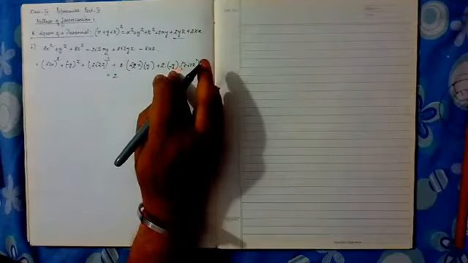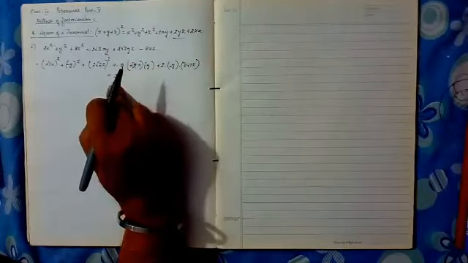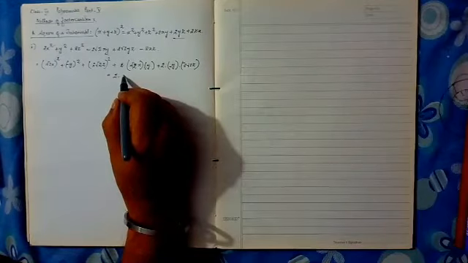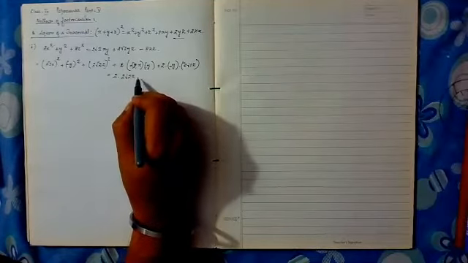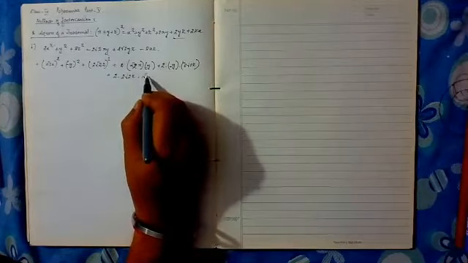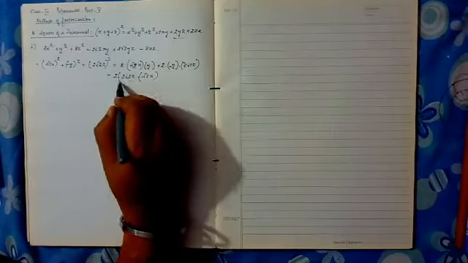Then negative into negative is positive, so this is positive, plus 2zx, 2, z means 2 root 2 z into x, x means root 2 x, so 2zx.